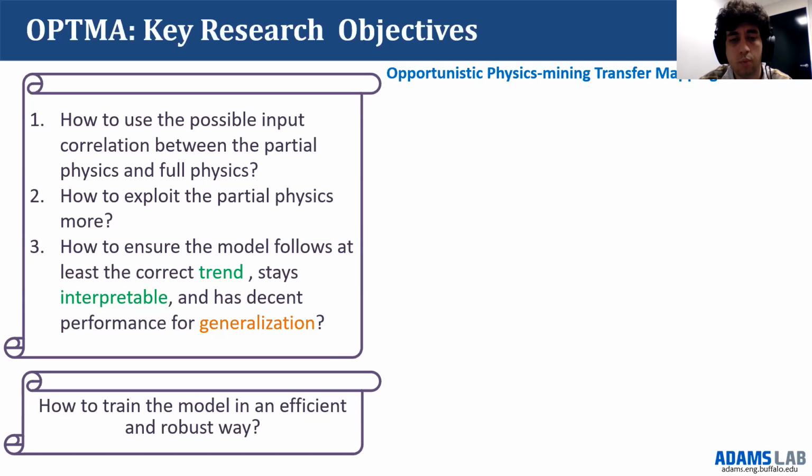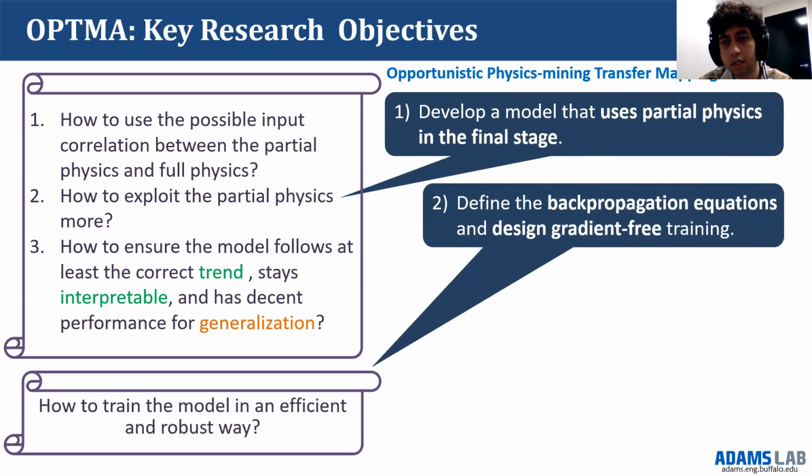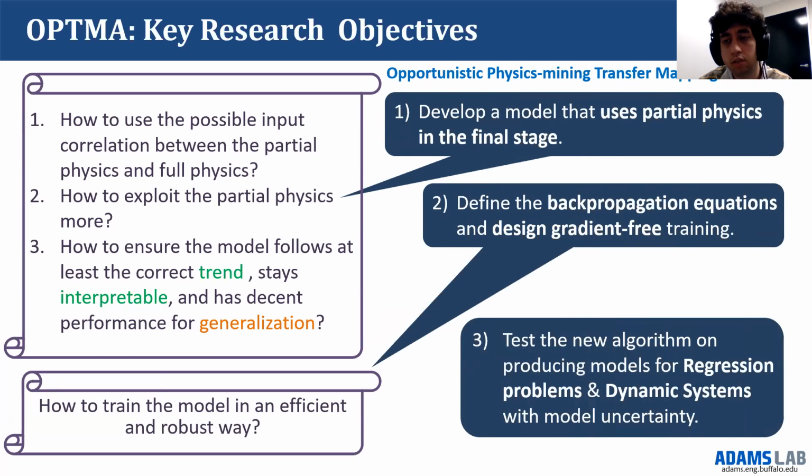In order to do that, our idea was to use the partial physics as the last stage, because in the end, at least this partial physics can keep the trend for us when we are doing the prediction, and the results are not going to be far from the truth, because the trends that the partial physics dictates to the system can still be used in this prediction.